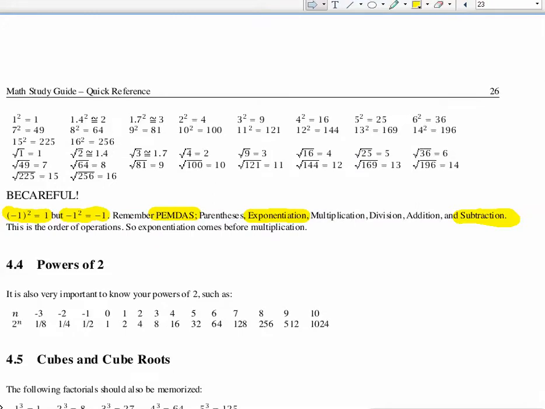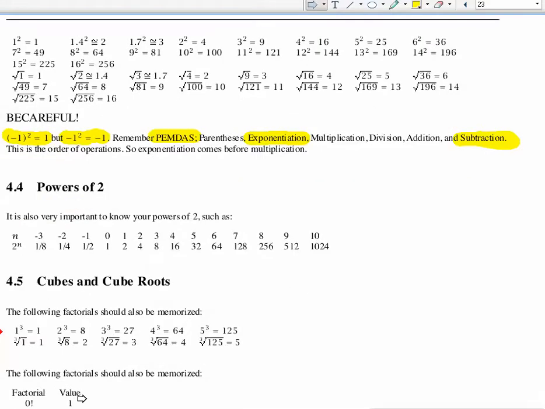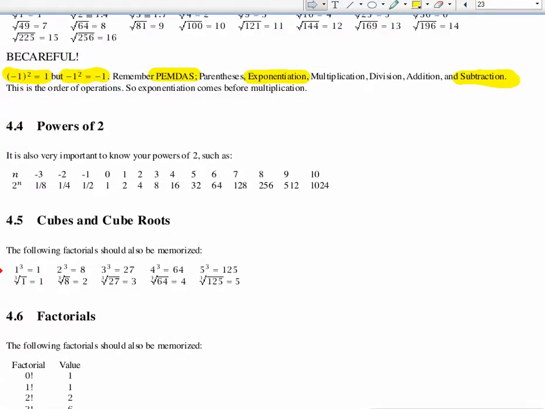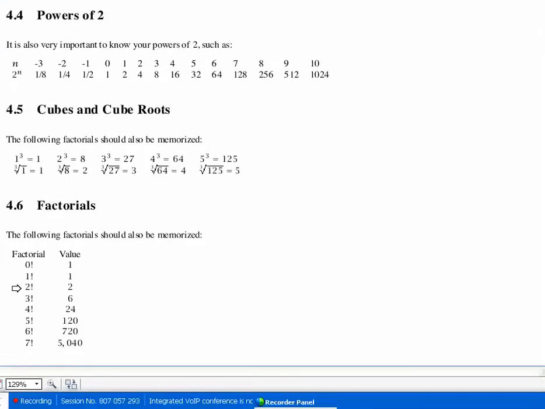Other issues that you need to be aware of are the cubes and cube roots, and a form of notation called factorials. If you haven't seen it before, it's these numbers with an exclamation point. The exclamation point tells you that you're going to do some multiplication. So for example, 4 factorial is 4 times 3 times 2 times 1. I hope everyone can see that.